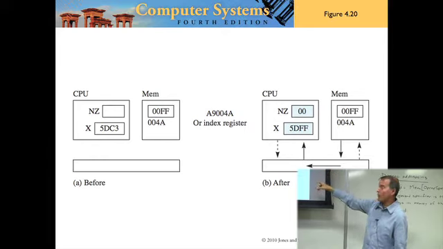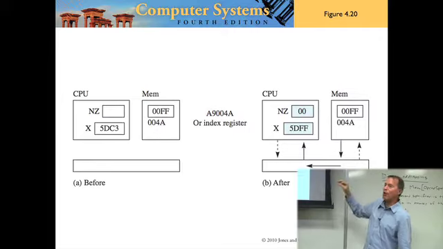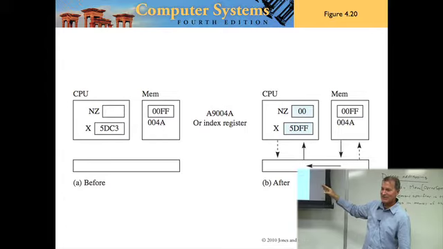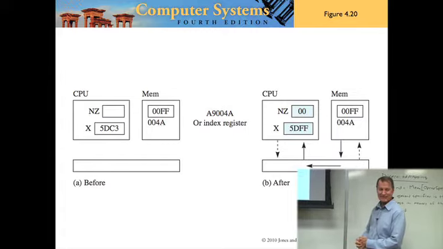Now what happens if in memory is 00FF? If you OR 0 with anything, what do you get? You get the other thing. You keep it. But then what happens if you OR it with 1? You get 1. So now that 5DC3 turns into what? 5DFF. Does everybody see how that works?